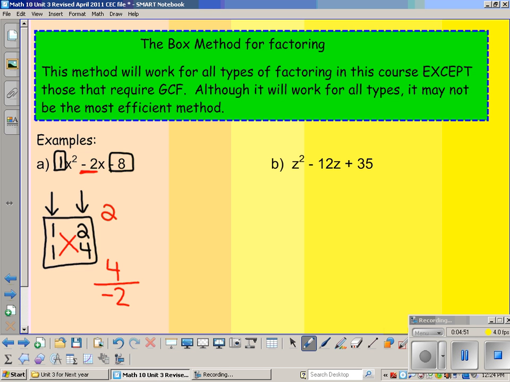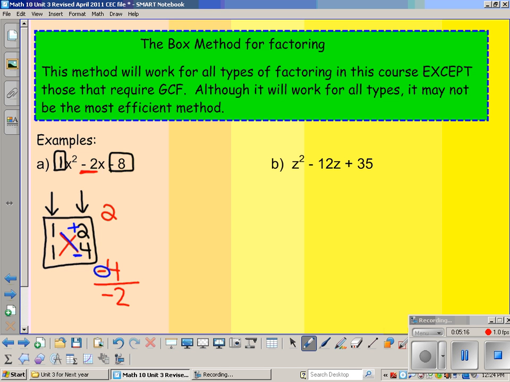The answer is yes. 2 subtract 4 would be -2. So now we've got that negative with the 4, because this 4 was part of the diagonal multiplication here, the negative goes with the second column value on that diagonal. The 2, so it will stay positive.